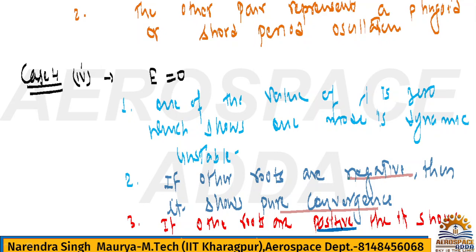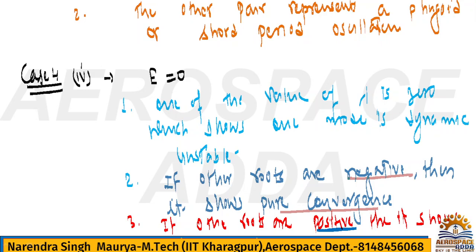Once E is equal to 0, they will ask: first option, at least one value of lambda will be 0; second option, at least one value of lambda will be infinite; third, at least one value of lambda is positive; fourth, at least one value of lambda is negative. Like that they can ask.